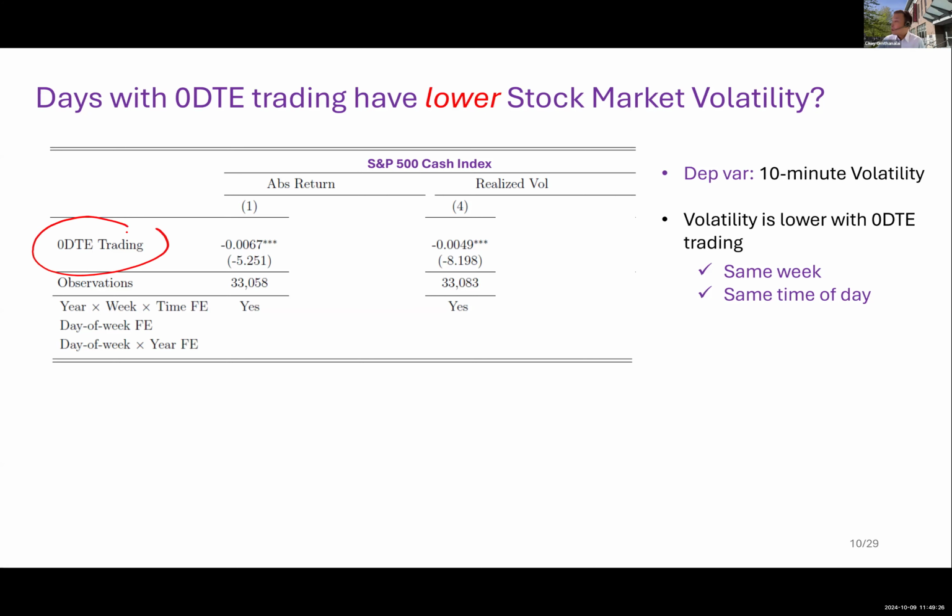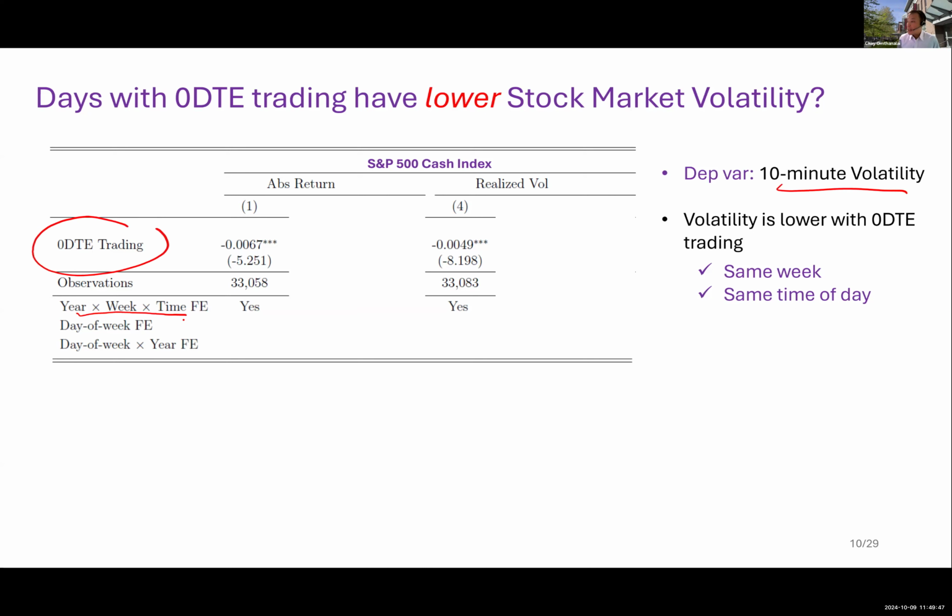And our dependent variable here is the 10-minute realized volatility of the S&P 500 cash index. Very simple cross-sectional regression, but we control for a rich set of fixed effects. So here we're controlling for year times week times time.